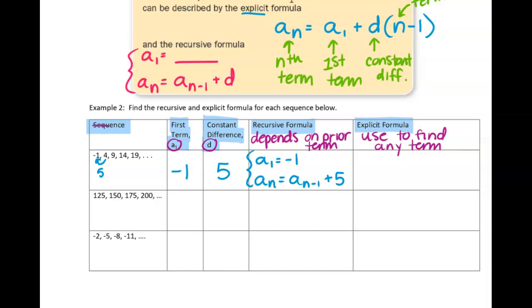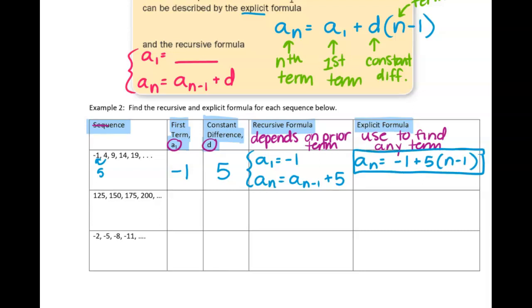Explicit formula, we can say a sub n is going to be whatever our first term is, negative 1, plus 5, which is our constant difference, times n minus 1. You can leave it this way, or sometimes we'll algebraically simplify it.